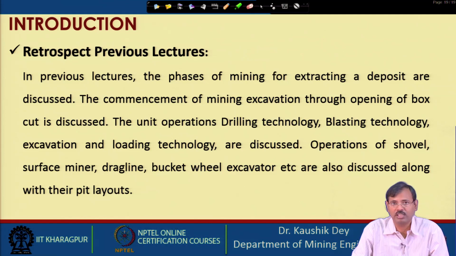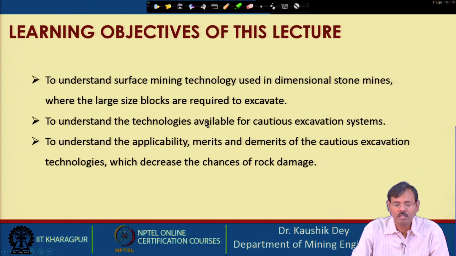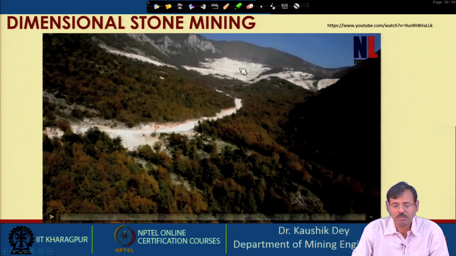It was found that Rajasthan is excavating almost 95% of the total country's production. So, these are the learning objectives of dimensional stone mining. All the 3 lectures are covered here, and we will start with dimensional stone mining methods.